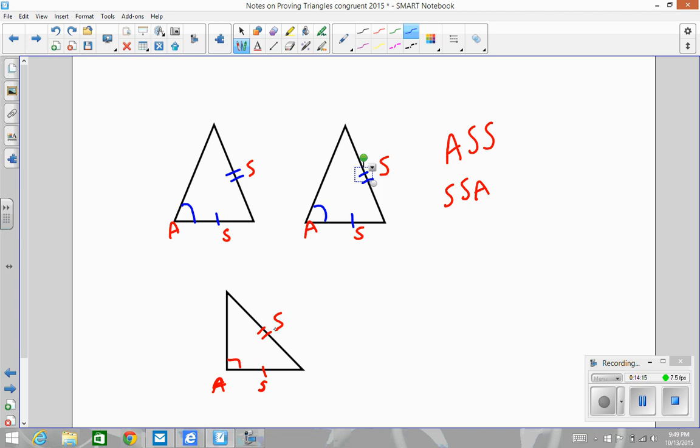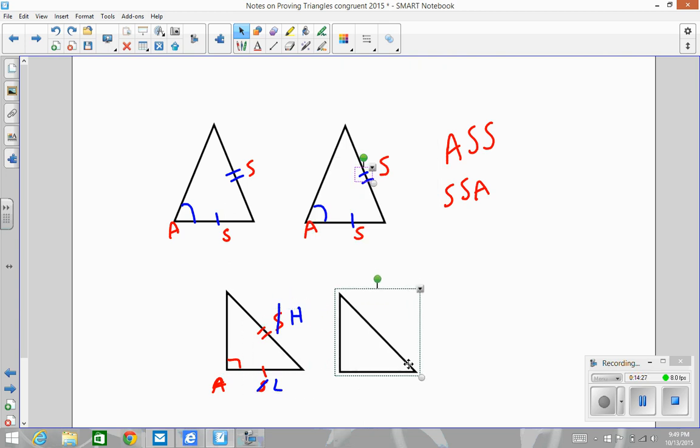This is a right angle, which makes this a hypotenuse and this a leg, so that would be HL. Because if I had two triangles that were like that, they would both have to have those marks. And so, if you get ASS, look for the right angle so that you can see that it is a hypotenuse leg. So watch out for that kind of stuff.